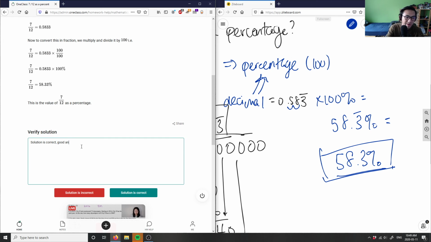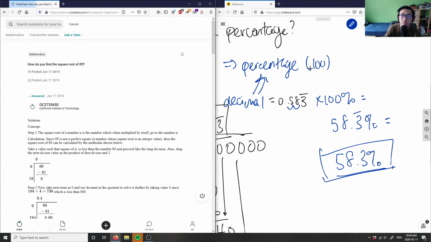So solution is correct. Good analysis if you know common fractions as decimals. If not, then long division is required to solve for the decimal before we change it to a percentage. The solution here is correct.